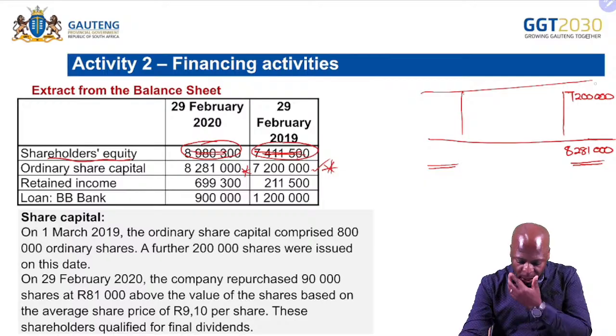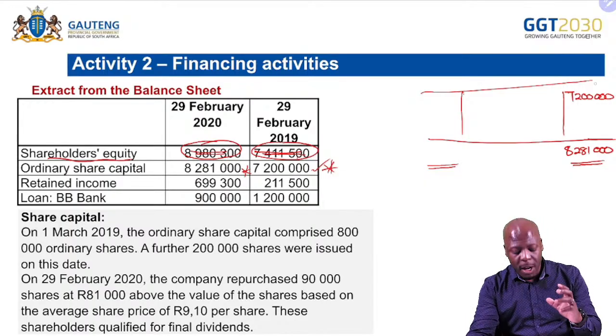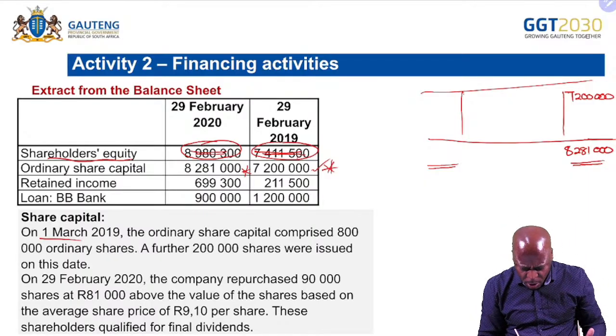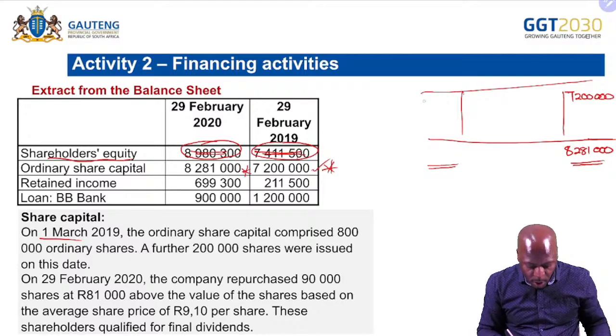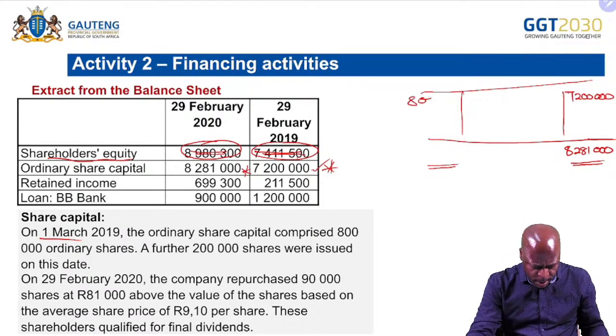Let me now hear what they're saying in the other information. On 1 March 2019, I'm reading over here now, the ordinary share capital comprised of 800,000. In other words, here I had 800,000 here. 1 March, that is the beginning of the financial year. And then they say a further 200,000 shares were issued.